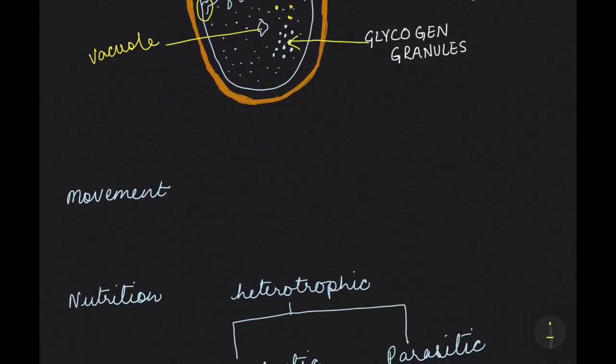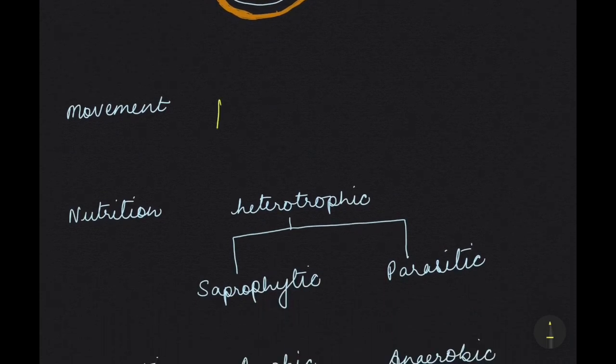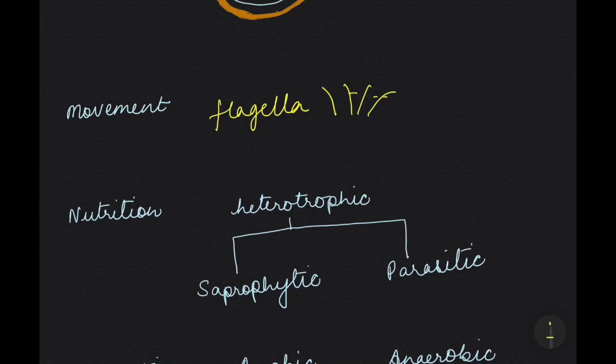They move from side to side. It lashes from one side to another, and as a result there is locomotion, especially in a liquid environment, in the water. You can say it swims with the help of flagella.